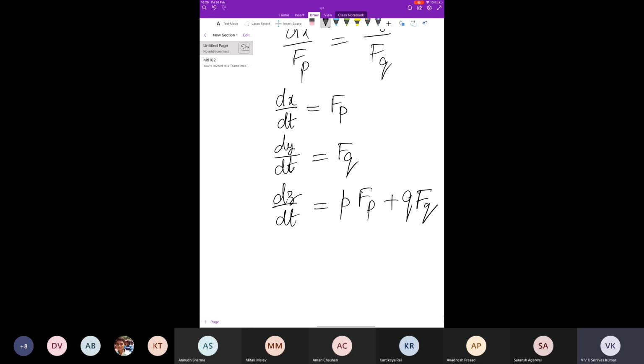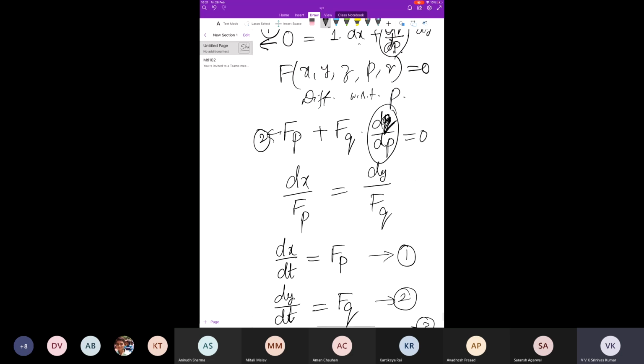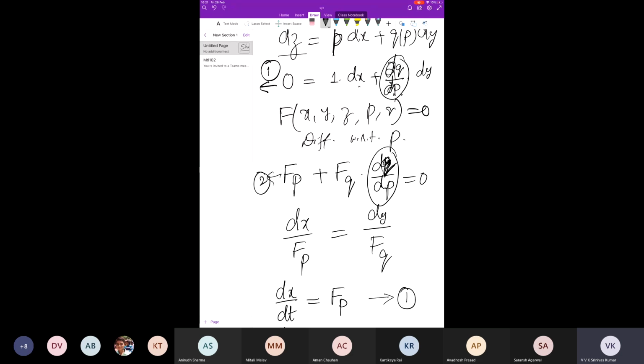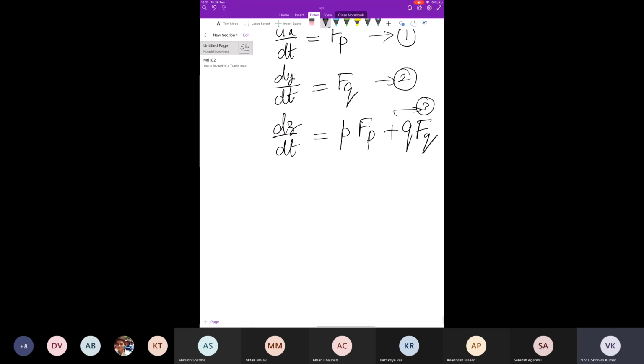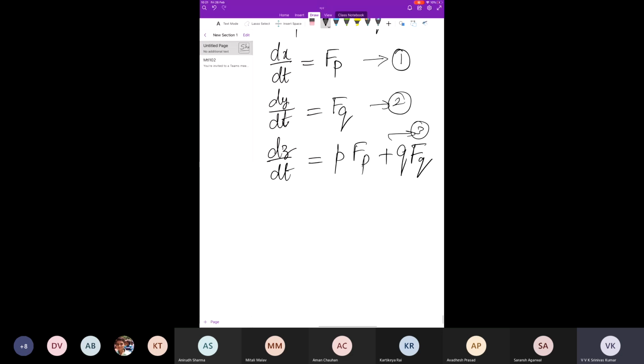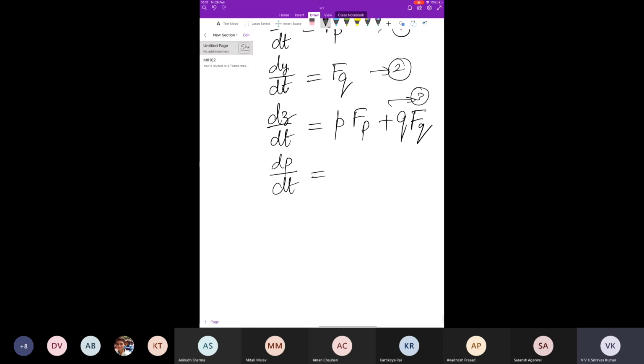So these are the first three characteristic equations, 1, 2, and 3. Where did we get this equation? This equation is the plane equation, dz is equal to p dx plus q dy. So from that we got the dz. Now we need two more equations, dp upon dt and dq upon dt.